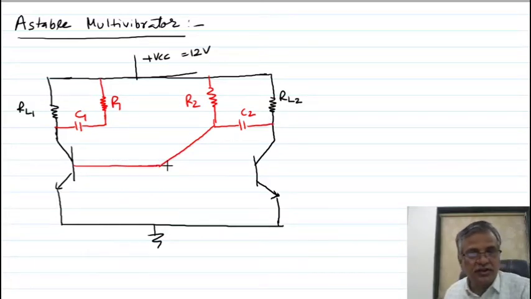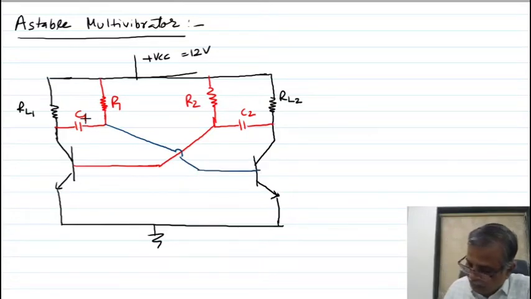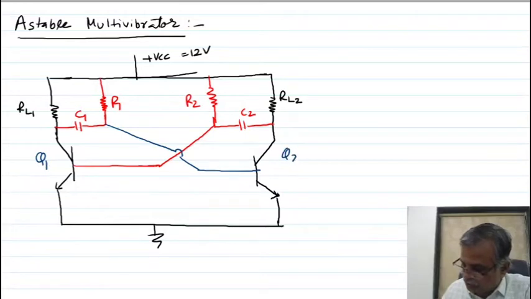As I already said, the output of one stage is fed back to the input of the other stage. See, the output of the Q1 transistor is given to the input of the Q2 transistor. You can see it in this circuit.